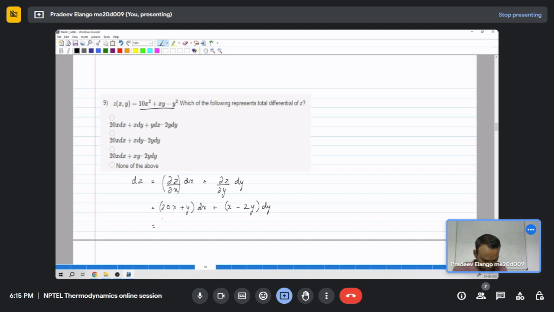Then it becomes 20x dx plus y dx plus x dy minus 2y dy. That is the option.